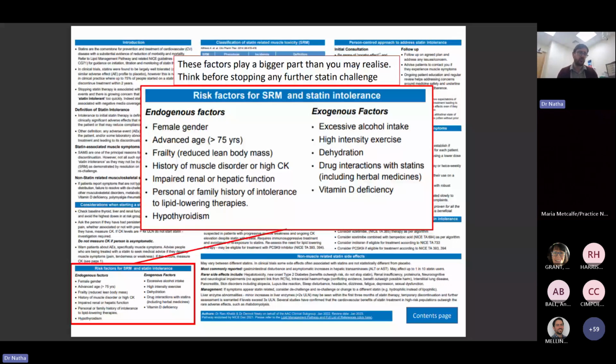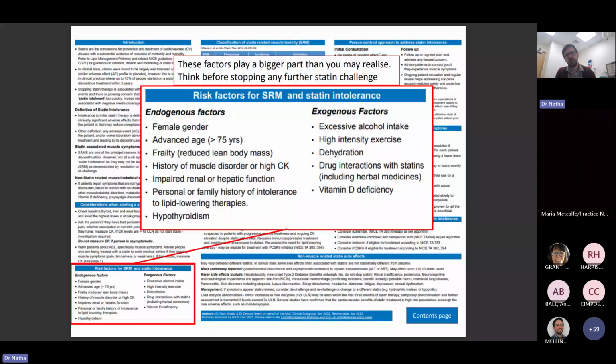All of those are other reasons why patients might coincidentally get exacerbation of symptoms around the time of starting or titrating a statin. Think about those other factors before you stop or start changing their statins, as those again might be easy wins to keep someone on their lipid-lowering therapy for longer.